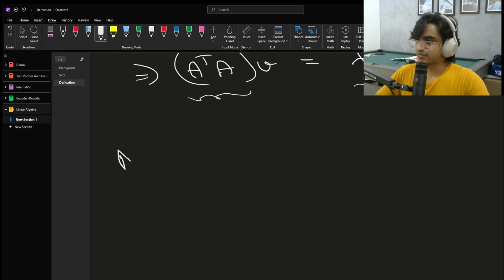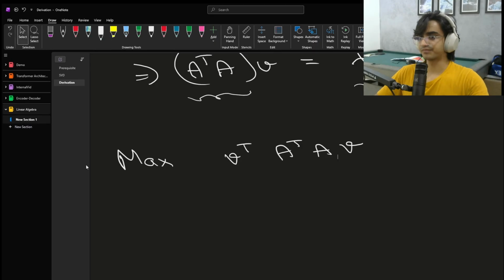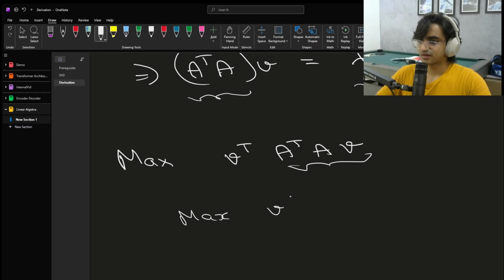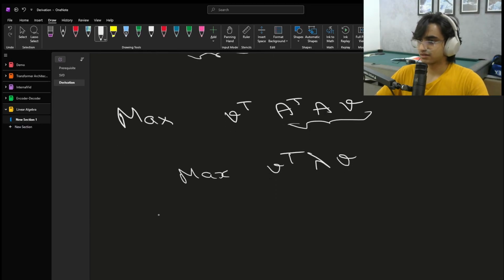So we need to maximize, as I stated before, V transpose A transpose A V. So we know that this is nothing but lambda V. So we are maximizing V transpose lambda V. And since lambda is a constant, we can push it, so it's maximizing lambda V transpose V. Since it's a constant, that's why we can move it here.